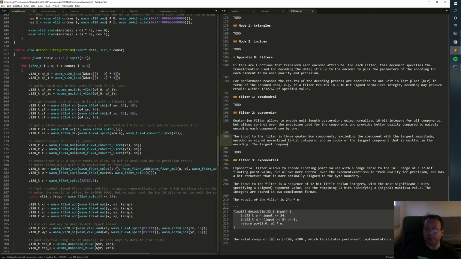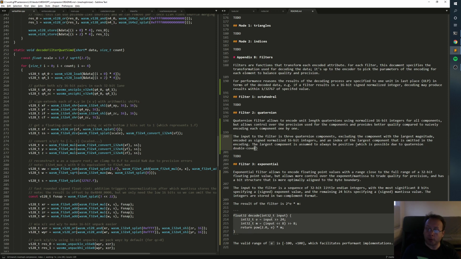The largest component is assumed to always be positive, which is possible due to Quaternion double cover. I'm going to explain what this means in a second. Okay. So this is technically slightly incorrect. K-bit integers.